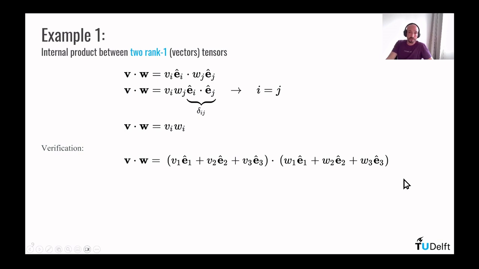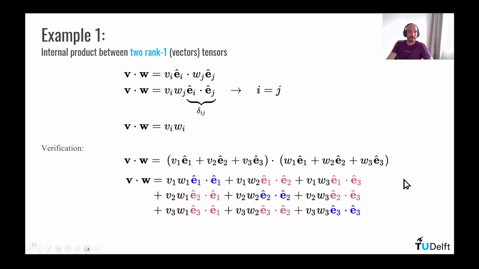And this is done by performing the distributive multiplication, or distributive dot product here. By doing this, we get these terms. You can do it by yourself and verify that you're going to get these results here.